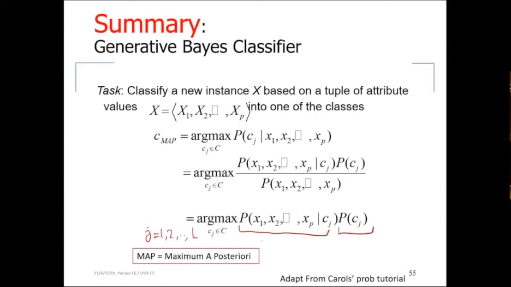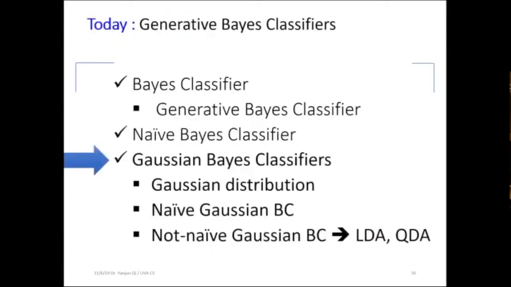To summarize, we are trying to predict using probabilistic models and the MAP rule. For the discrete case, the number of parameters to be estimated from the data is exponential in p. That's why we have a naive assumption to make the number of parameters linear in p.